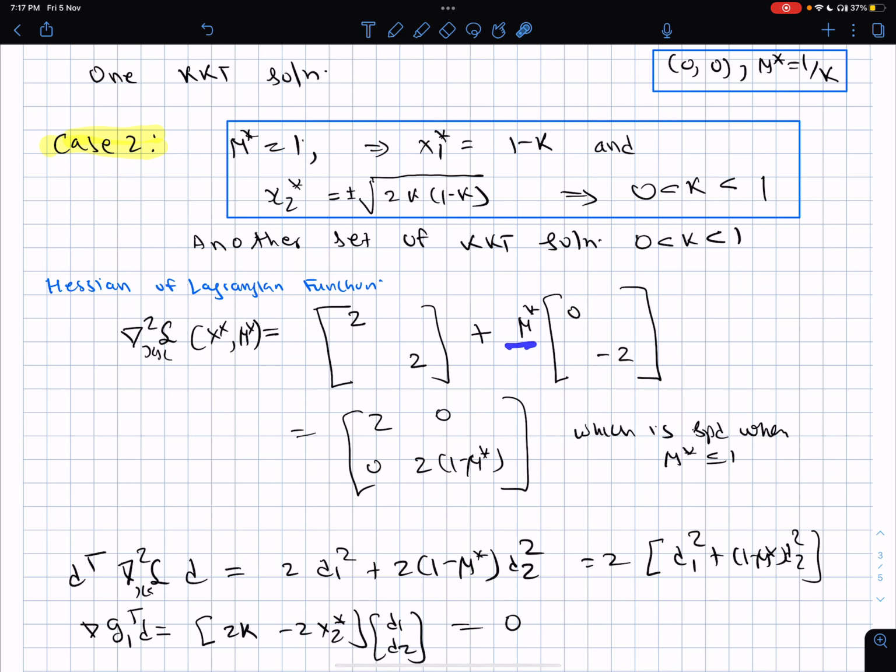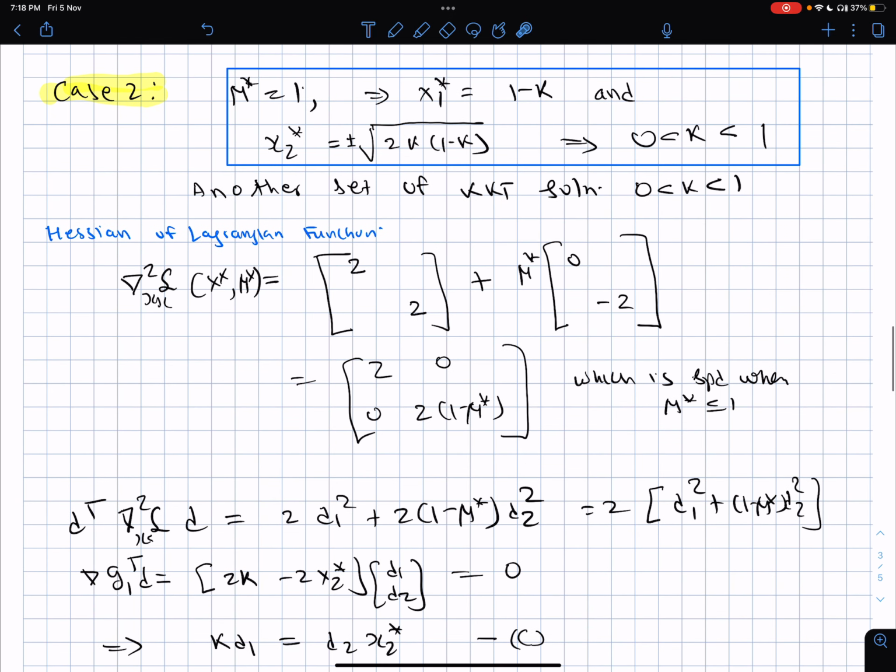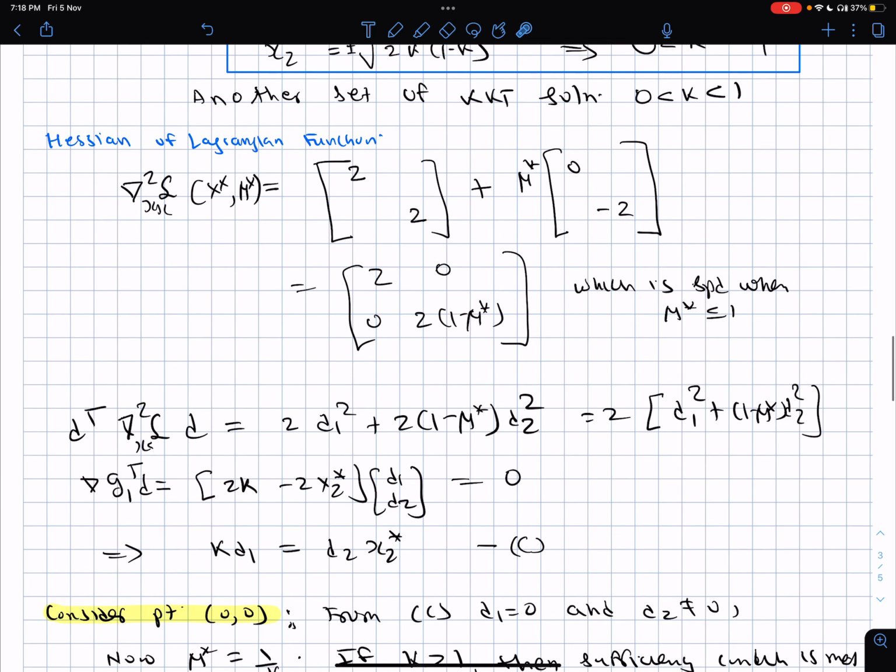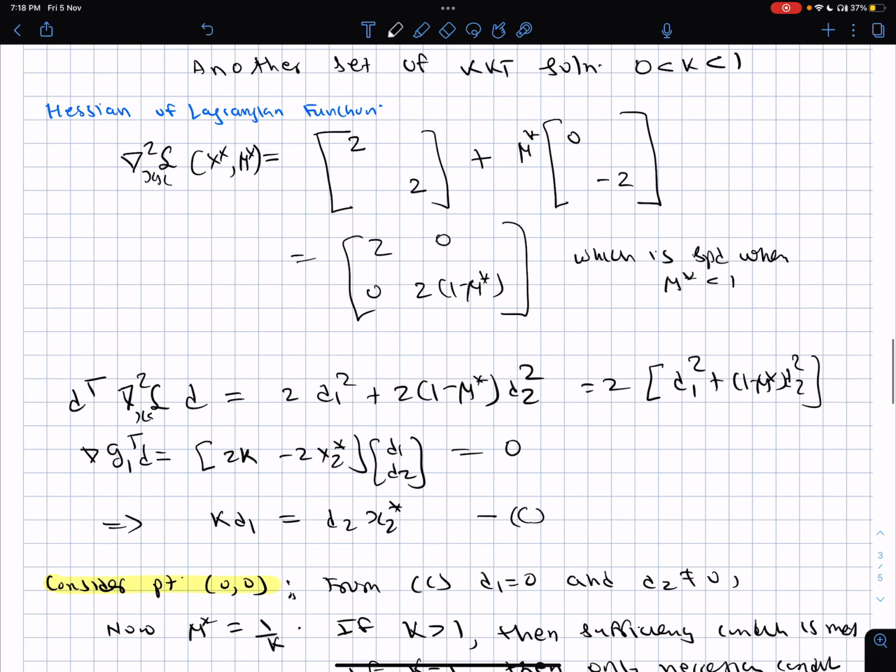So therefore, plus mu star, this becomes the Hessian of the Lagrangian function, which you can write as 2 plus 0 mu star, so 2, and 2 into 2 taken common, 1 minus mu star, and 0, 0, which incidentally is positive definite straight away if mu star is less than 1. If mu star becomes 1, then it is positive semi-definite.